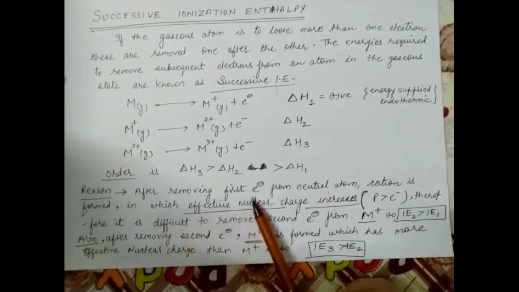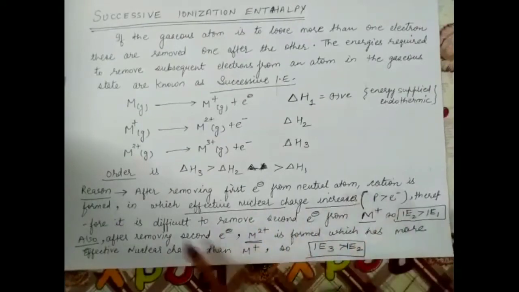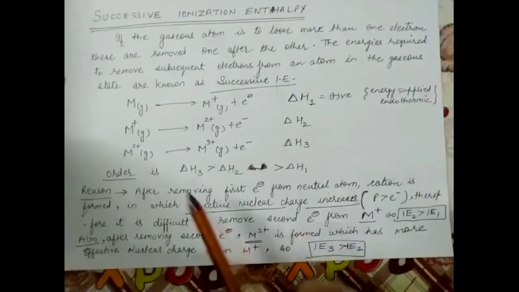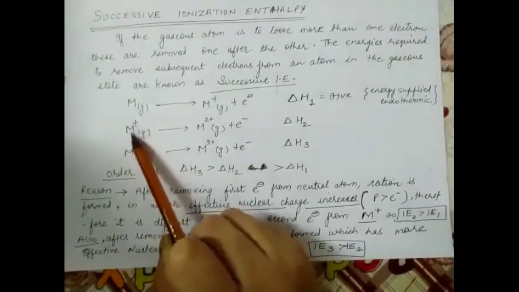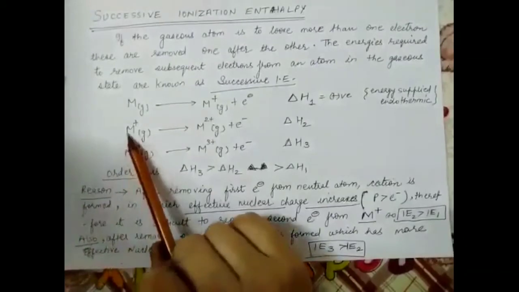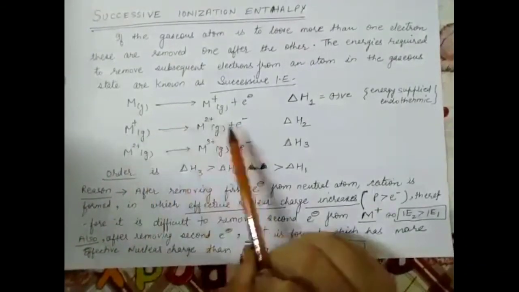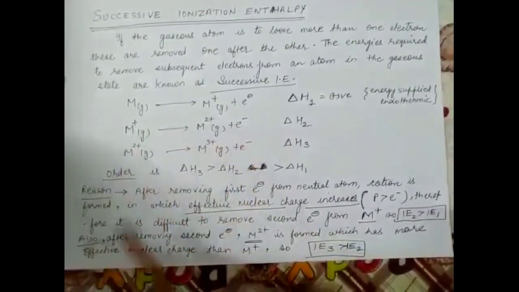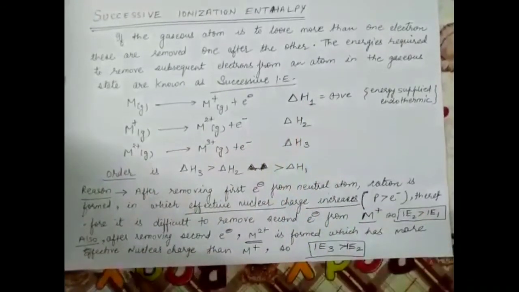So after removing the first electron from the neutral atom, a cation is formed in which the effective nuclear charge increases, protons are greater than electrons. Therefore, it is difficult to remove the second electron from the M plus. In this M plus the effective nuclear charge is more, so more energy will be required to remove the second electron. So delta H2 is more than delta H1.